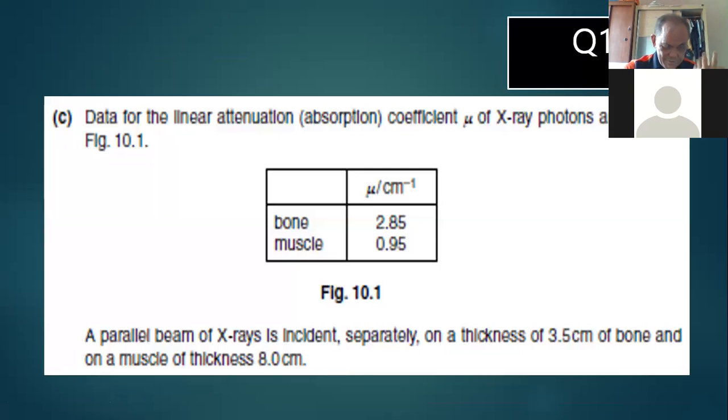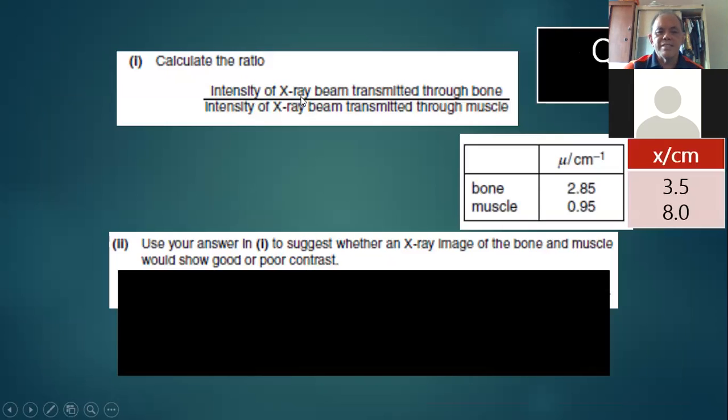And always after all the definitions, they will need you to calculate. The linear attenuation coefficients, mu, of X-ray photons are given for bone and for muscle. A parallel beam of X-ray is incident separately on a thickness of 3.5 cm of bone and 8.0 cm of muscle. Find the intensity transmitted through bone and through muscle.